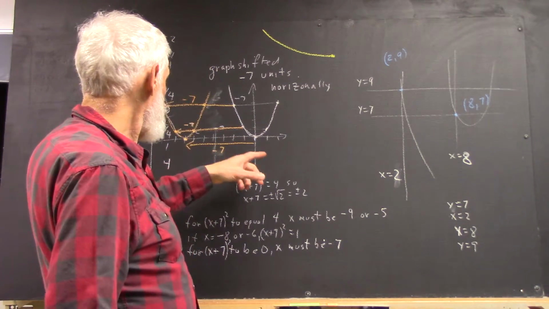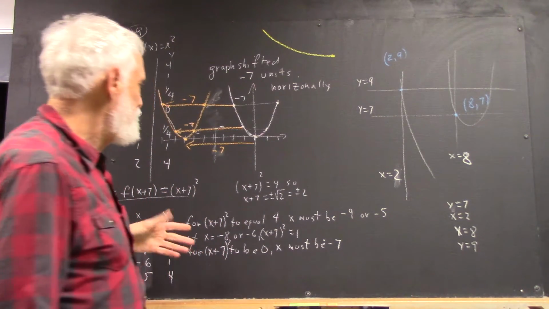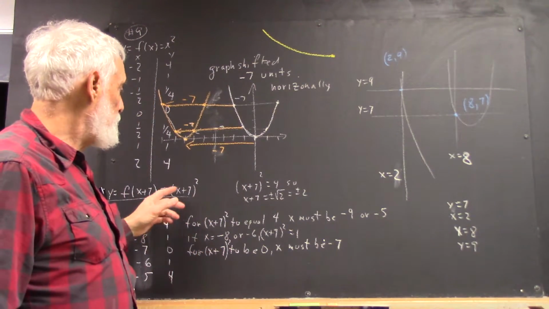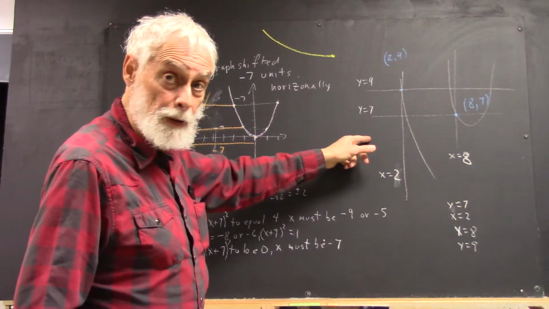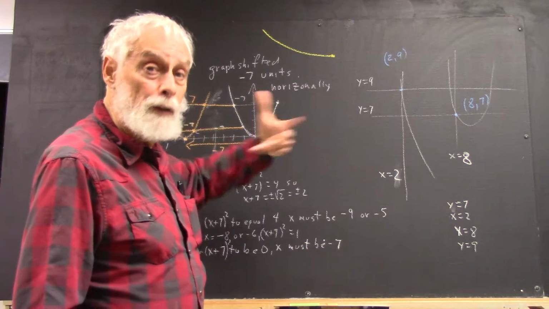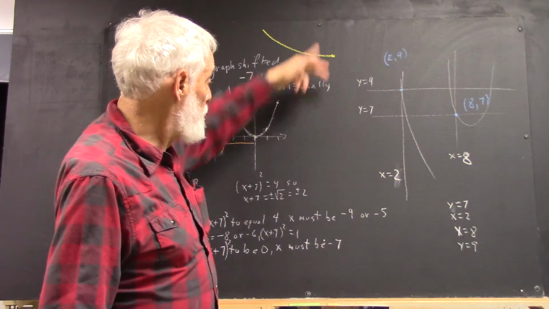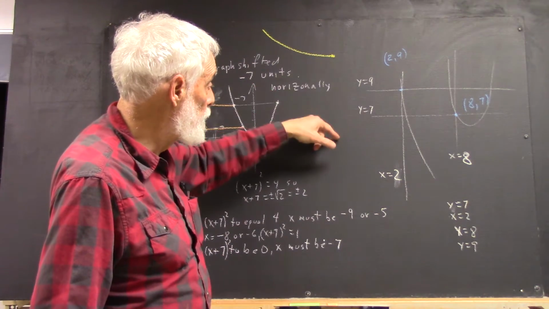Then we can replace x by x minus some number to shift the graph over this way, and add some number to that function to shift the graph up, so that the vertex goes to right below this vertex.